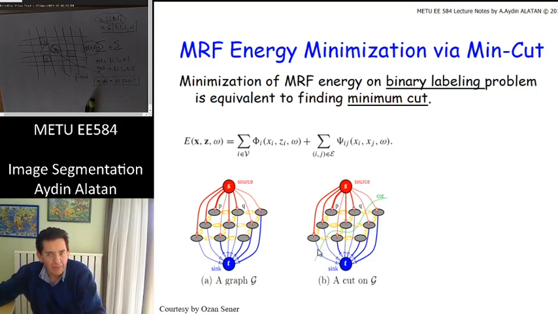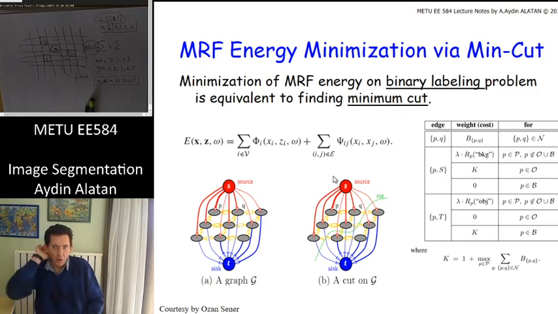Now, cutting this blue, saying that this is belonging to the other one, and cutting them from here, saying that you belong to the red one, you belong to the blue one. And these cuts, some of these edges are giving you nothing but this cost value.